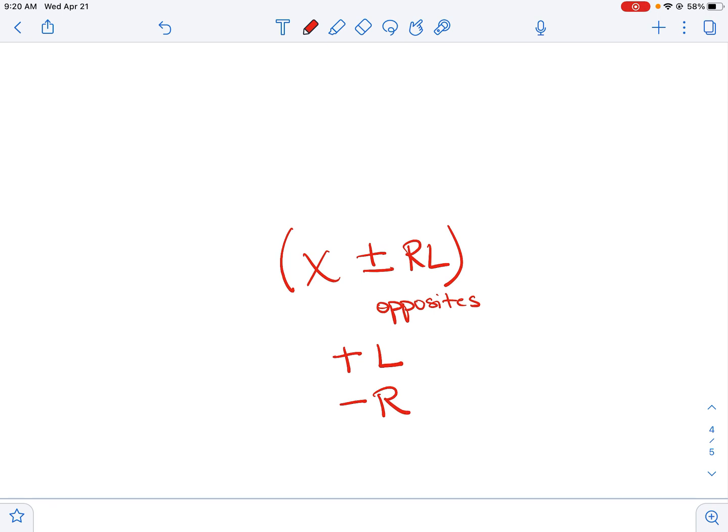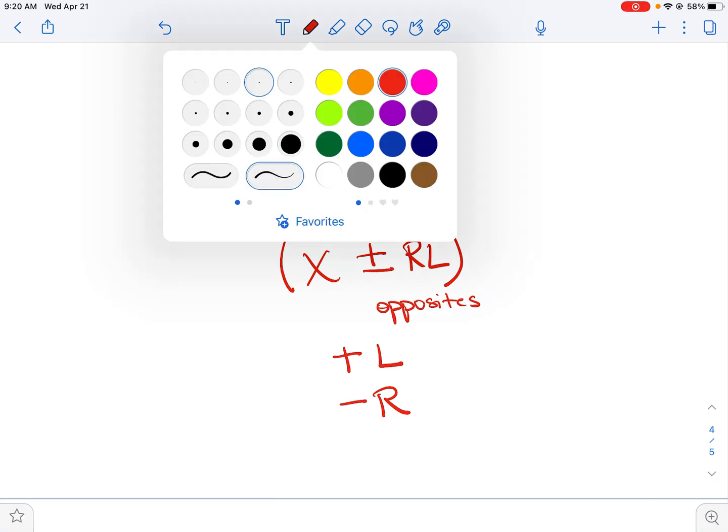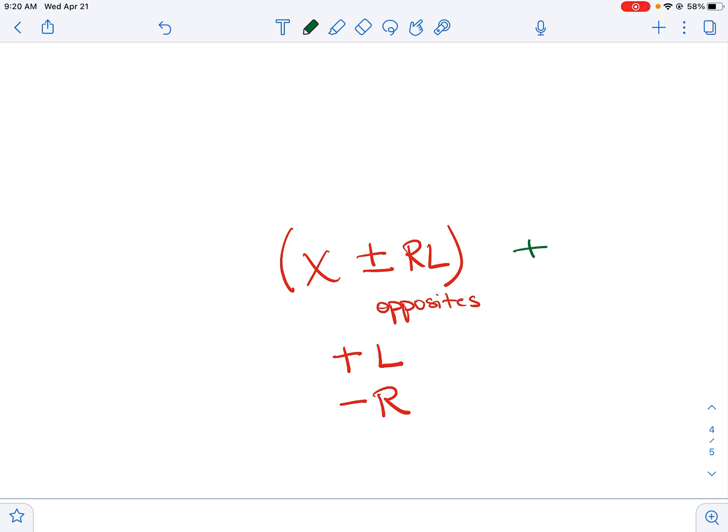If you put a number at the end, it is moving it up or down. And if you put a number out front, it changes its shape.